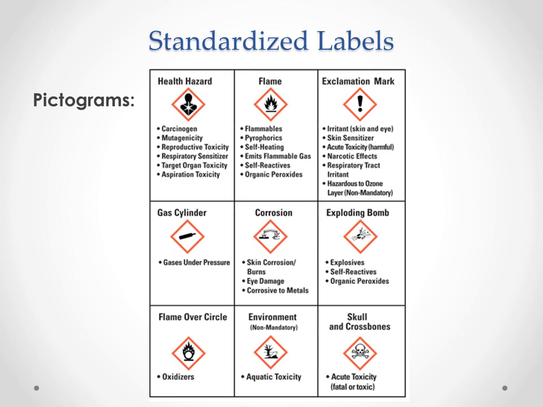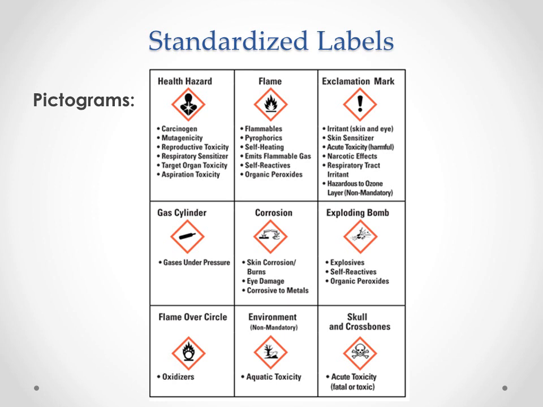This may indicate a respiratory tract irritant, like if you breathe it, it'll irritate your throat. It might also indicate some hazards to the environment. These are not mandatory, again, because OSHA only has jurisdiction over worker safety, not over the environment, so they can't enforce that part of it. Again, this will be a symbol used worldwide by other countries.